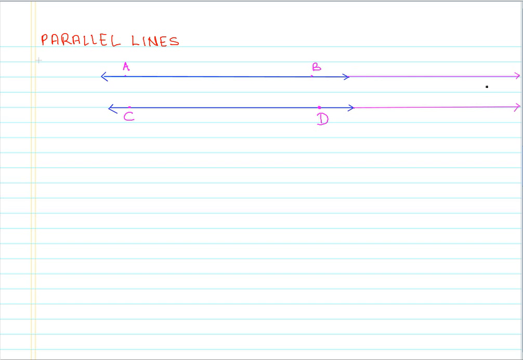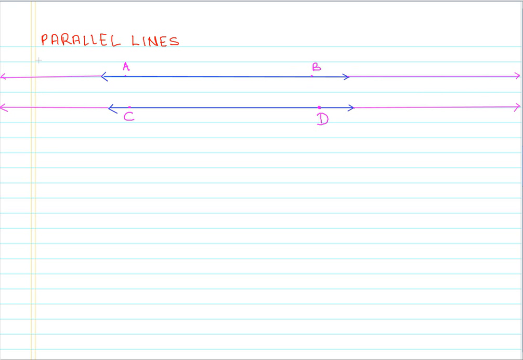They will just remain at the same distance to each other. This is in the right hand side direction. Now I could do the same in the left hand side direction, that is I extend the line AB and now I'm extending the line CD. So these lines will never meet.